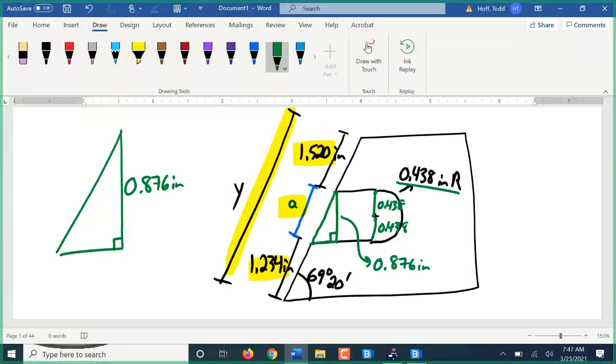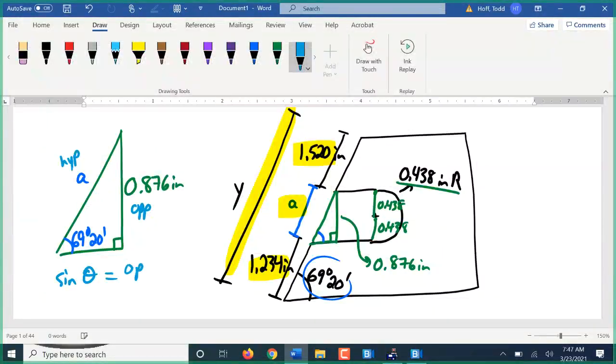This angle right here has to be the same as this one. So this has to be 69 degrees, 20 minutes. Side A over here, if I'm labeling my triangle, is the hypotenuse. The 0.876 is the opposite side. Opposite hypotenuse is once again the sine of an angle.